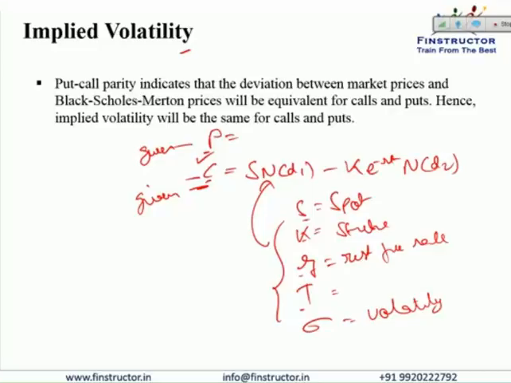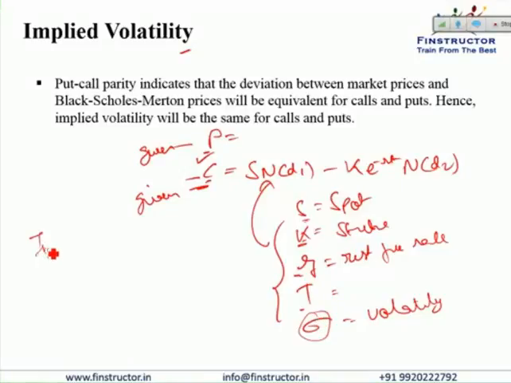In such a case, can we input these known values of the call and put option, further input the spot price, strike price, risk-free rate and the time to maturity, and then compute the implied volatility from the equation? It's still one equation, so one variable can be derived.